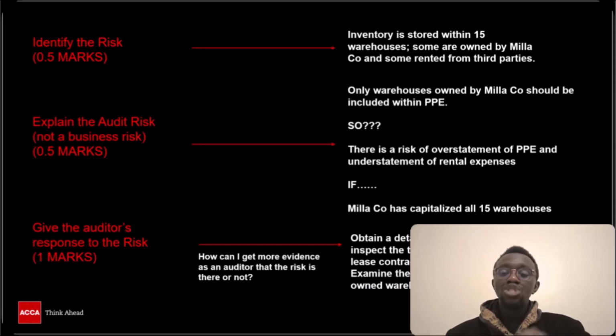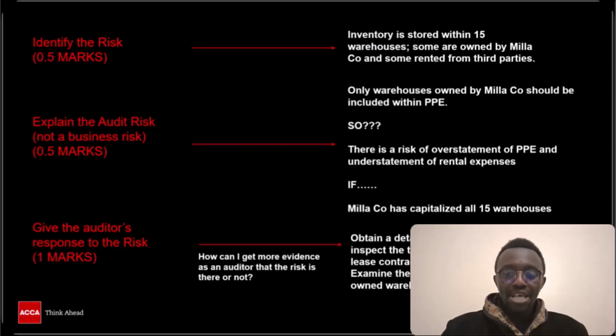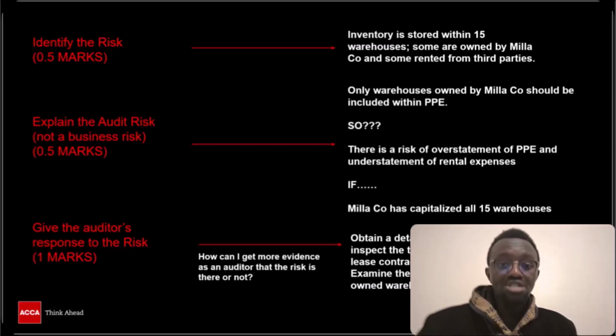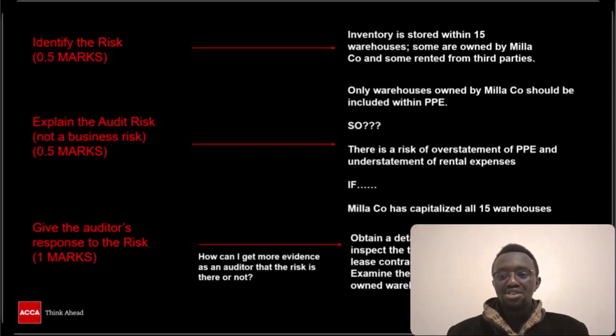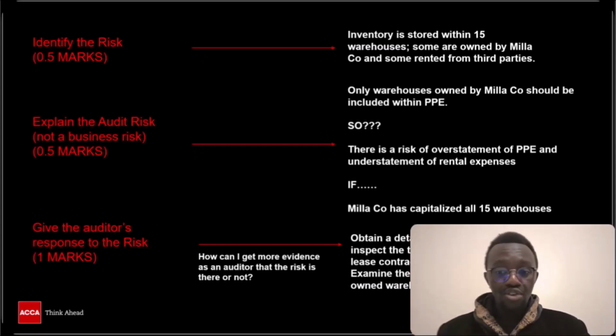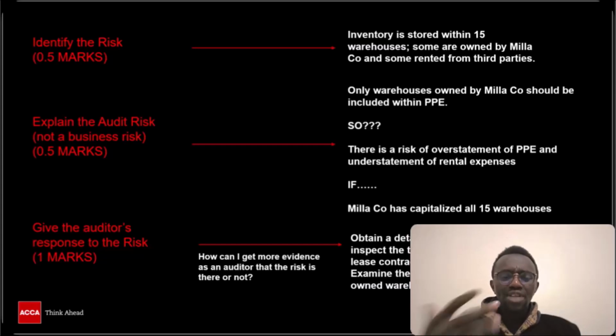I'm able to know which ones are owned and which ones are not owned by them. Those that are owned should be capitalized, should be within PPE, while those that are leased, the rental expenses for leased warehouses, can be recorded in the statement of profit or loss. And I should verify that. Right? So now that helps me to know: have they done the right thing?